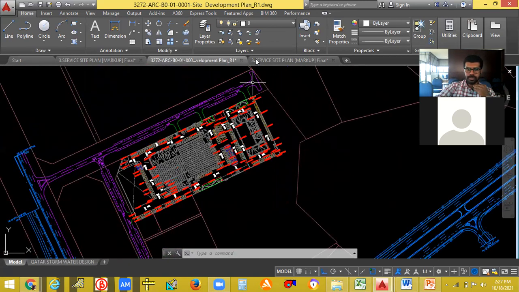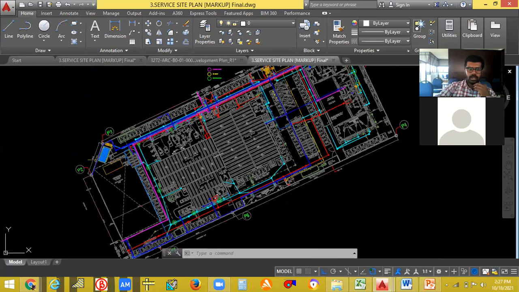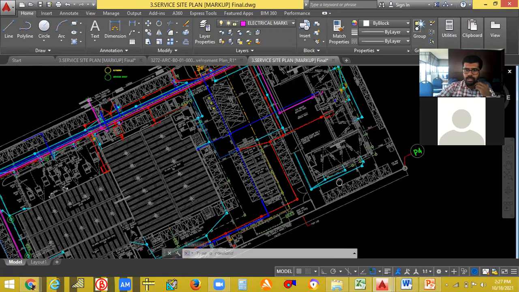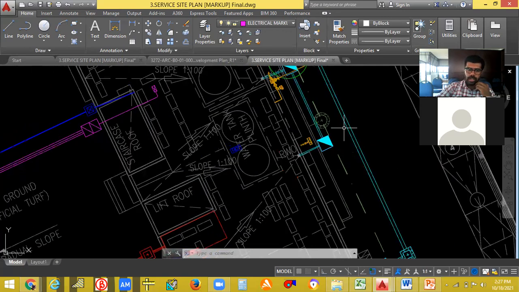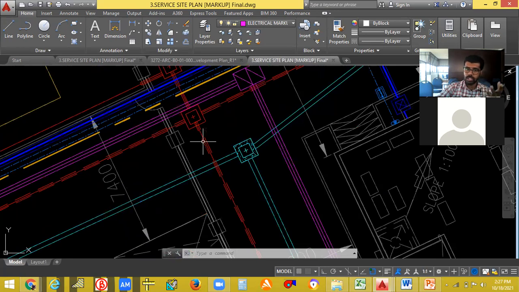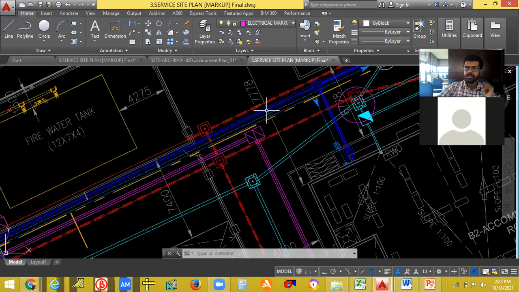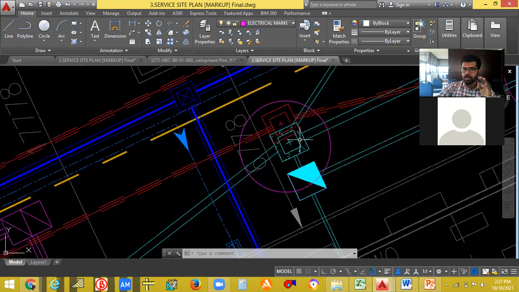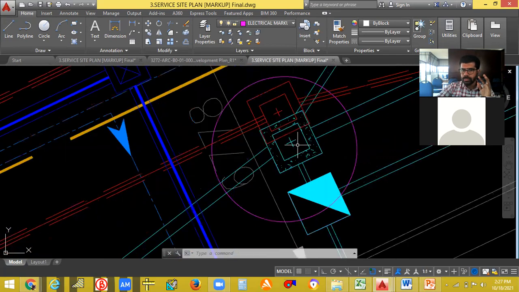So there will be different lines there. This line shows the rainwater, and this line shows the hot water or drainage or something like that. So it should not interfere with this block. That's why I have marked like this. See, both of these are getting connected.